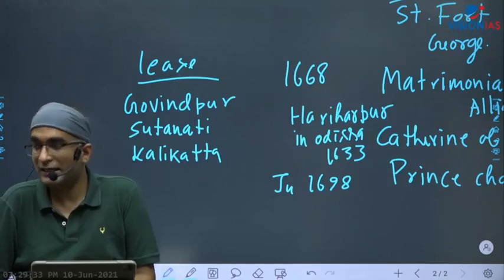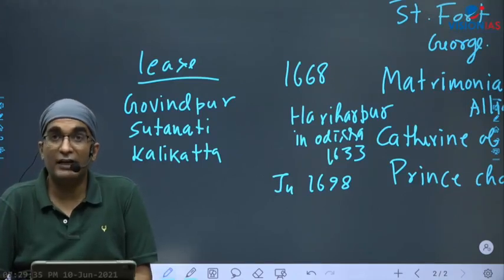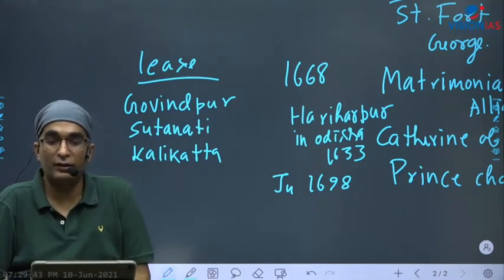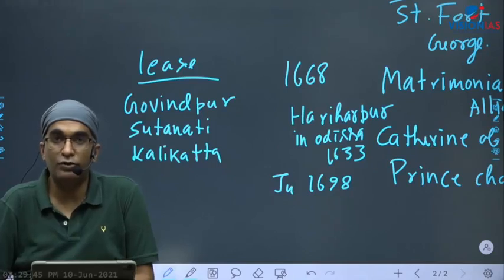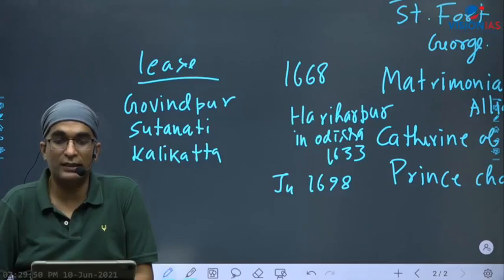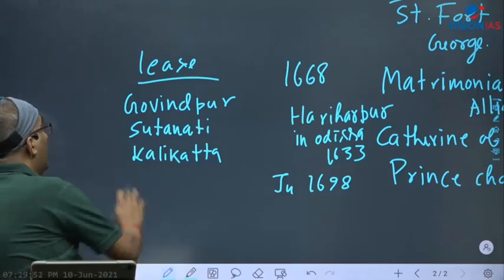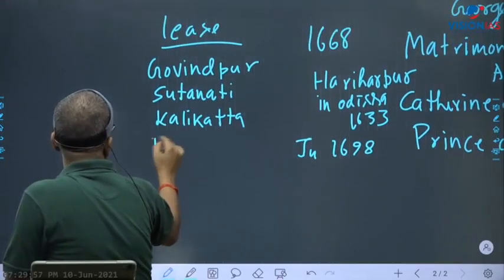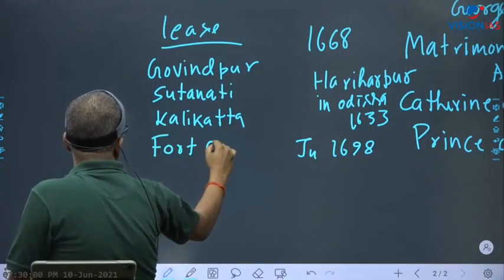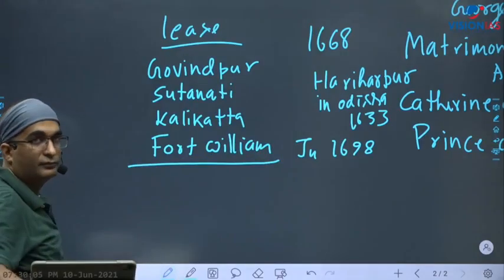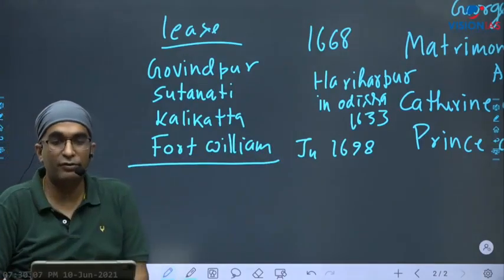These villages were clubbed together, and a fort was constructed, named as Fort William.